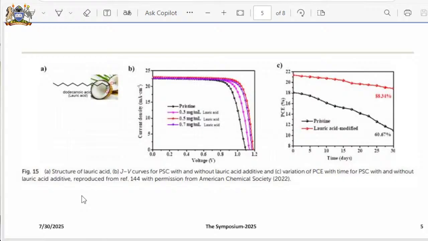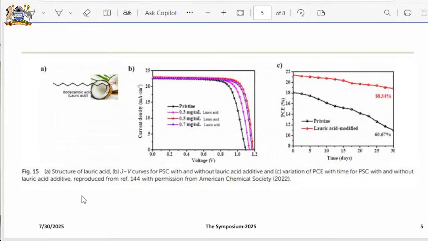You can see the pristine device without any additive; its performance is right here, lower than the ones that have the natural product. So when you add an additive, the performance of the perovskite in terms of energy conversion, that efficiency, goes up. But then again, there is the question of stability.